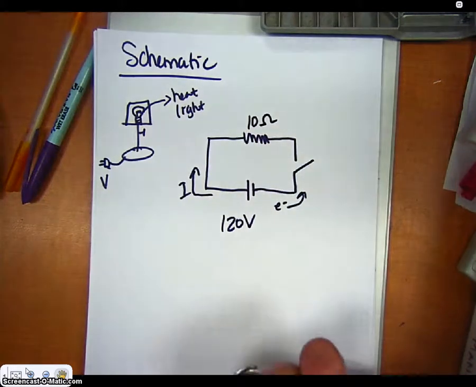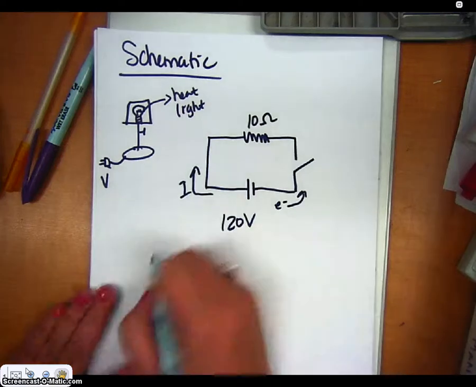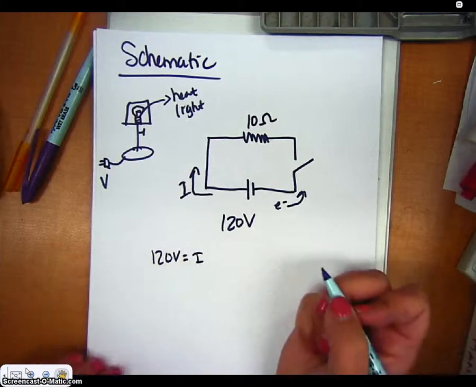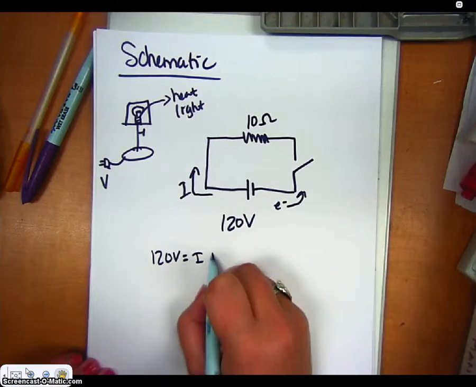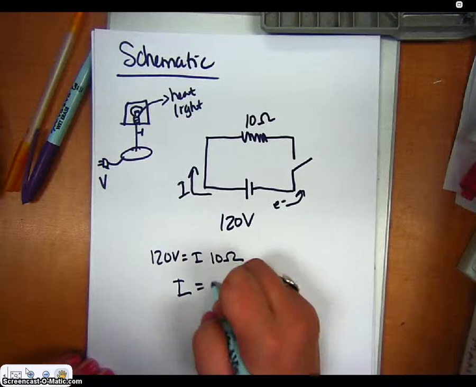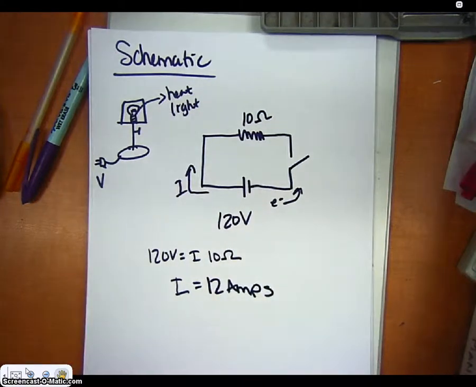So I know that light bulb has 10 ohms of resistance. I could actually figure out what the current in the circuit is. So you've got 120 volts equals I, that's what I'm trying to find, the current, times 10 ohms. And so I would get that the current in this wire is 12 amps, all right?